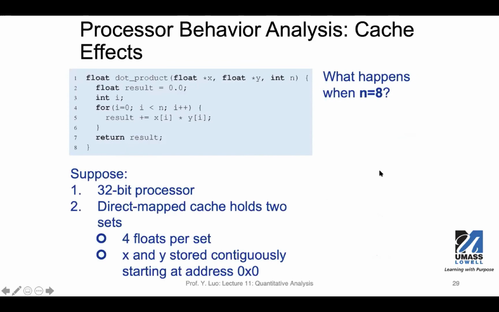Okay. Now, what happens when n is 8? That means we have 2 bigger arrays. X has 8 floating point numbers, Y also has 8 floating point numbers. And what will happen when we do the same thing? We start this for loop, and we're going to multiply X0 and Y0.